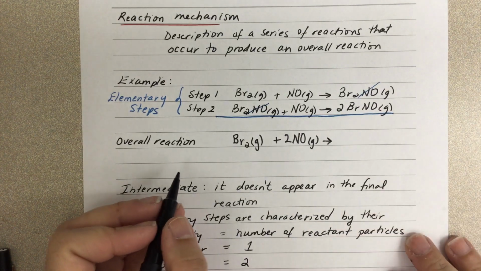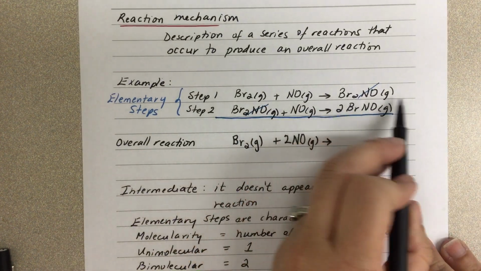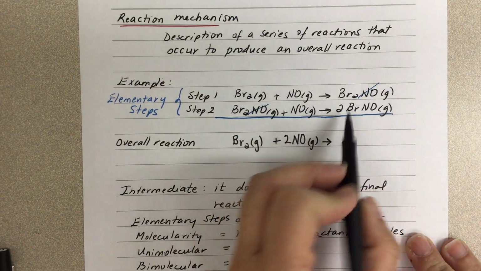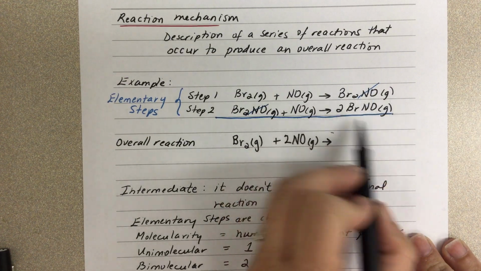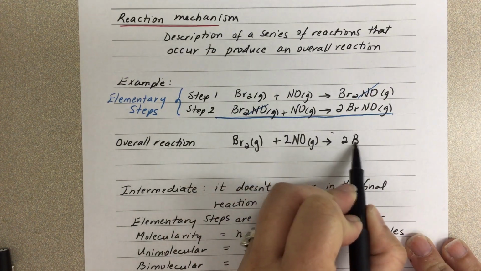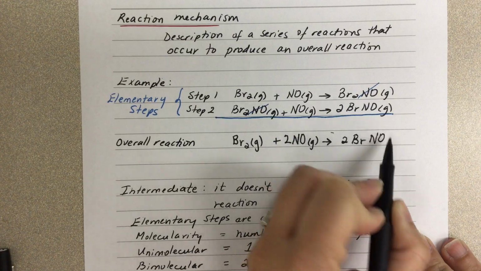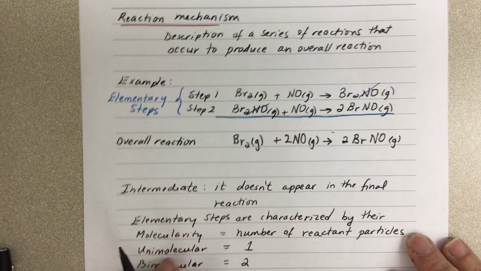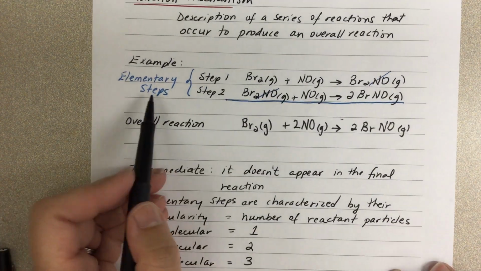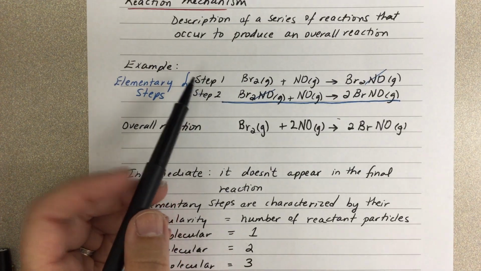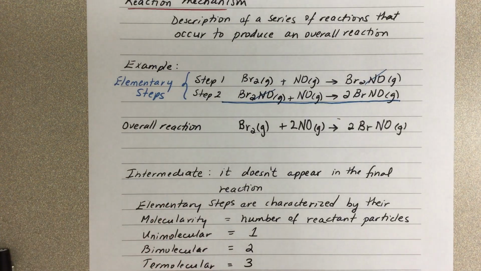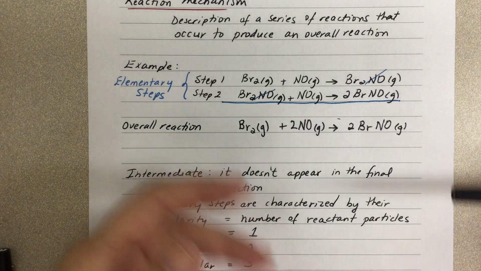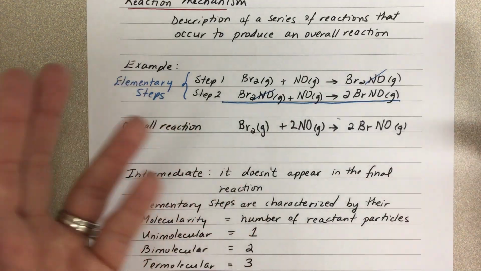Then moving towards the product side, you don't have any products from step 1 because that's an intermediate, so you're just getting the product that you have in step 2. So whenever you're given the elementary steps, which show you the actual mechanism for the reaction, you can get the overall reaction by canceling out any intermediates.